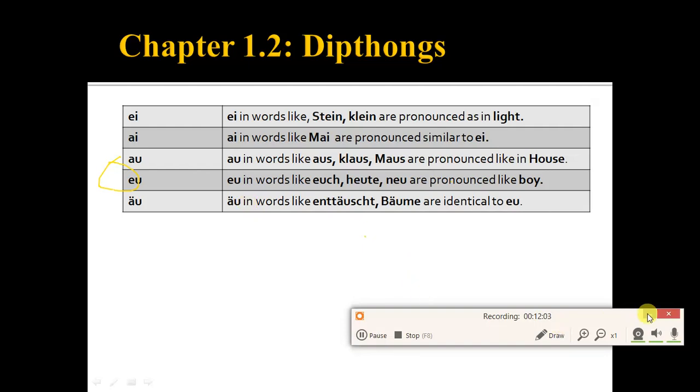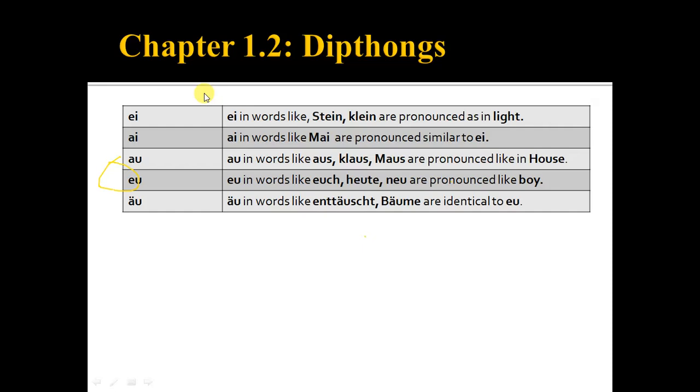Then we have another one, AI, which is pronounced the same way, as in my, I. Same pronunciation as fly, my, I. Another is AU, as in aus, Klaus, Maus, same pronunciation as in house.